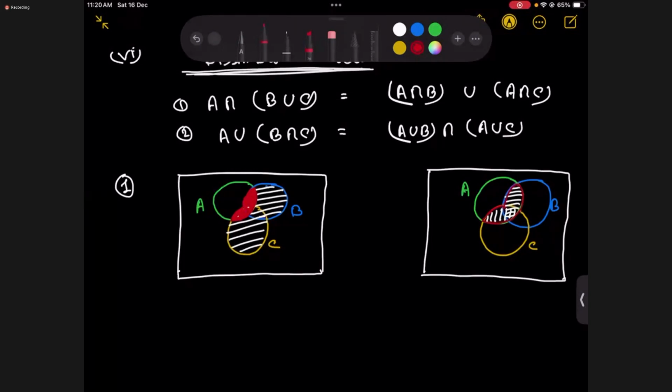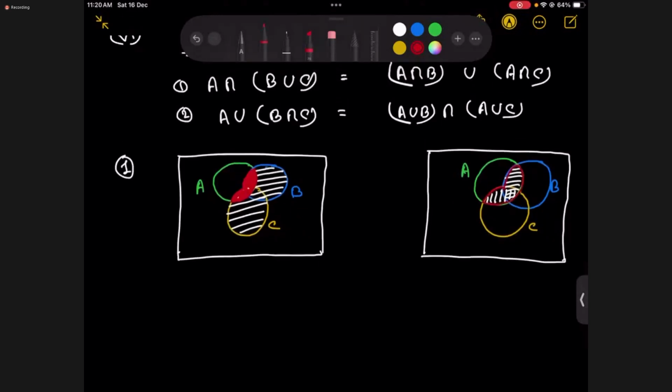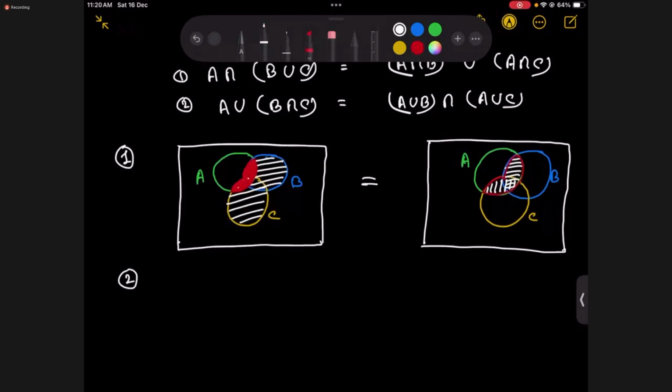So by this, we have proved the first one: A intersection (B union C) equals (A intersection B) union (A intersection C). Similarly, for the second, we can prove this. What about A union (B intersection C)?